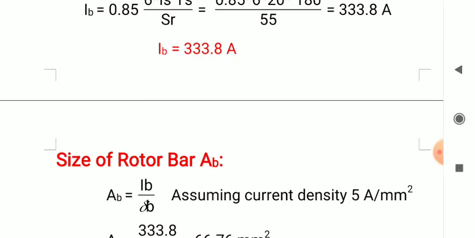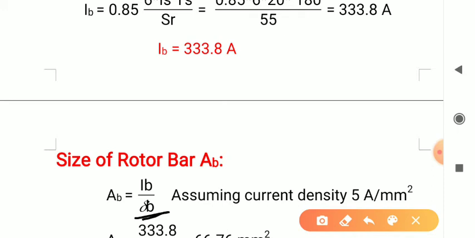We require here the current density of the rotor bar, but in the given data the current density is not given. As I already told in the previous lecture, if the current density is not given, you can assume the current density of the rotor bar between 4 to 7 ampere per millimeter square.